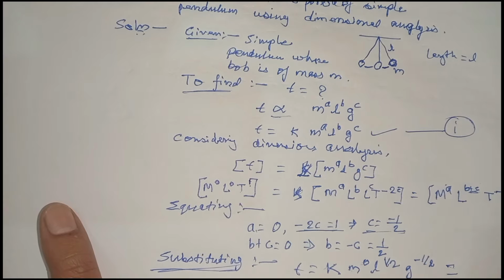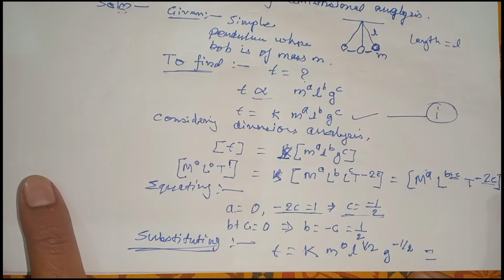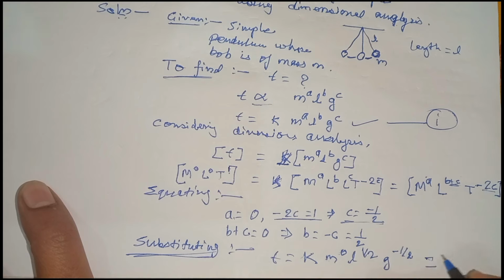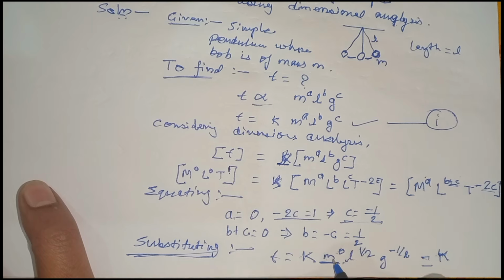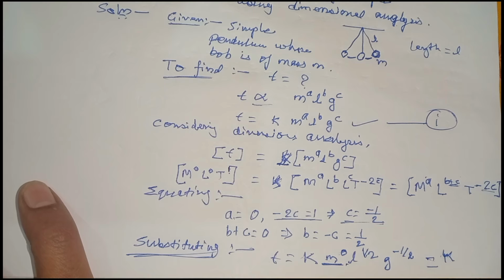If it is solved clearly, it will come to K. M to the power 0 means it is 1, no need to write 1 in the product.